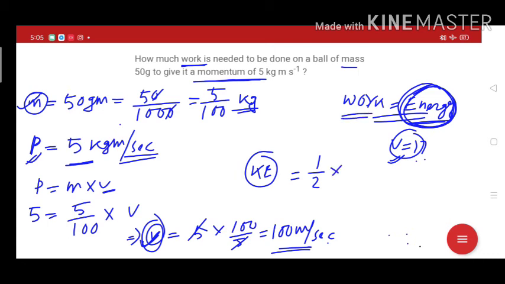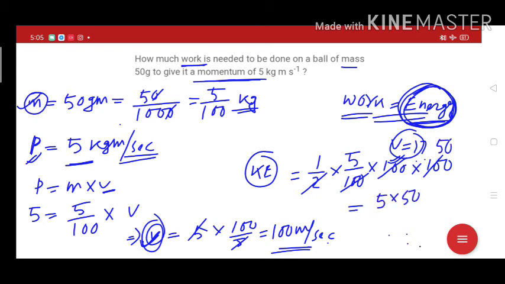So by the formula of kinetic energy, half m means 5 by 100, and then v square, that means 100 into 100, so 100 got cancelled, then 250, and 5 into 50, that means it is 250 joule. So how much work is needed to be done? That is 250 joule.